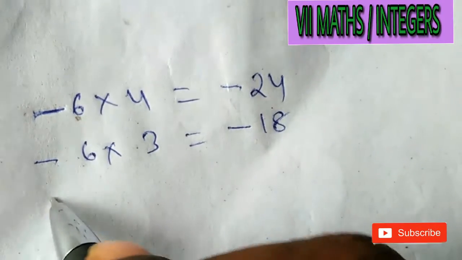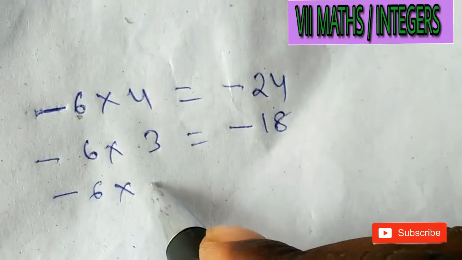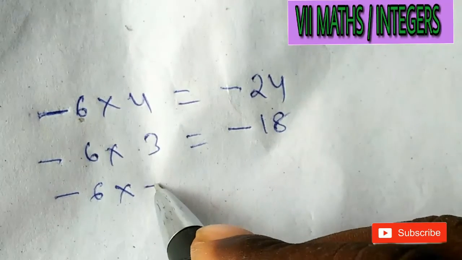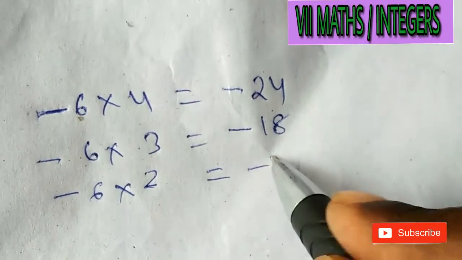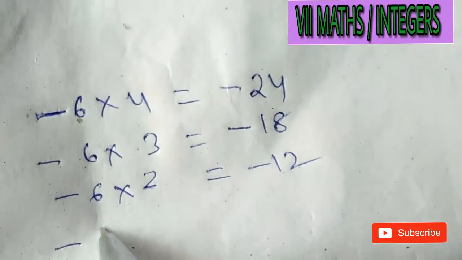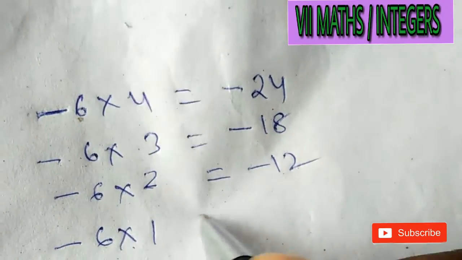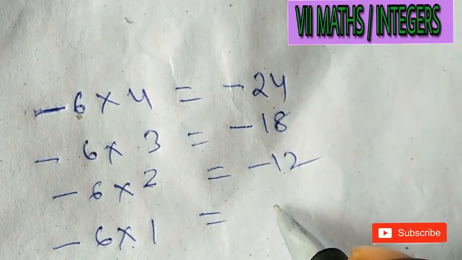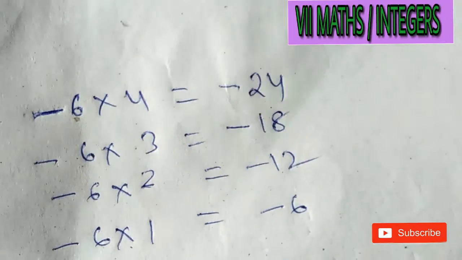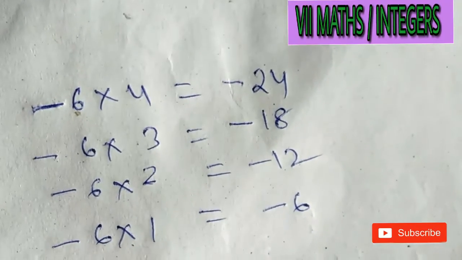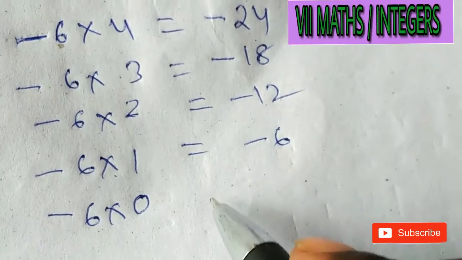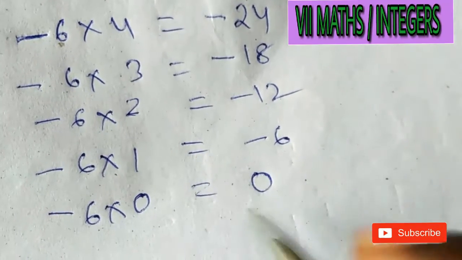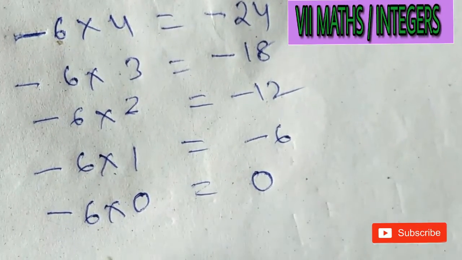Minus 6 into 2 is minus 12, minus 6 into 1 is minus 6, and minus 6 into 0 is 0. Something into 0 is 0 only, you know that very well.